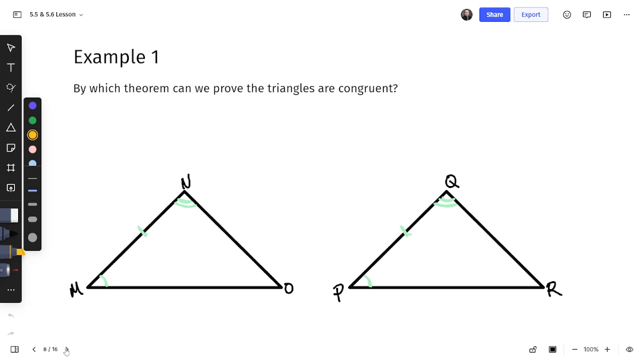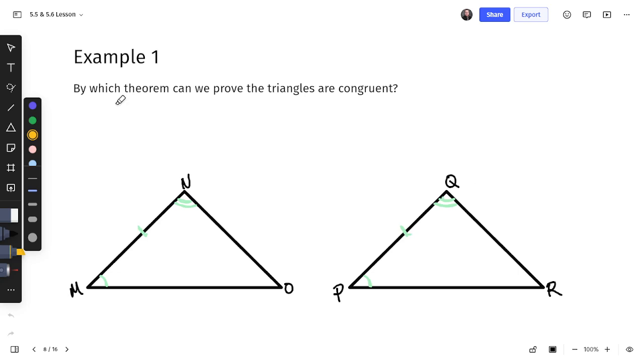So, in this first example, the question asks us, by which theorem can we prove the triangles are congruent? If we examine the diagram here, we have a set of corresponding congruent angles, M and P. We have a set of corresponding congruent sides, MN and PQ. And let's write this down.